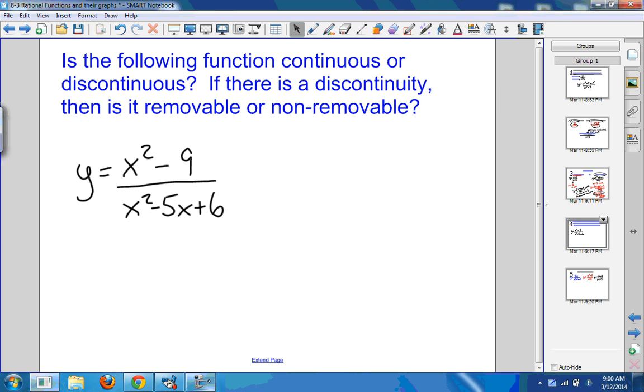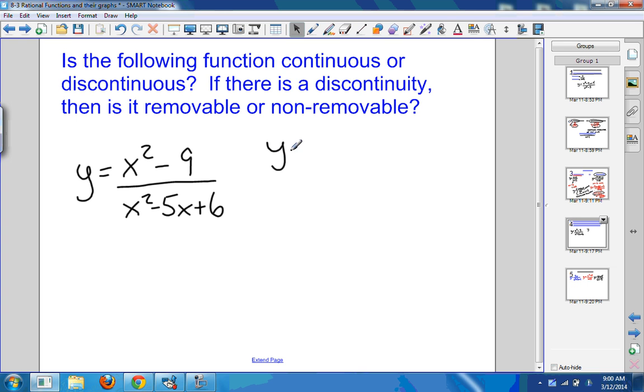All right, so is the following function continuous or discontinuous? If there is a discontinuity, then is it removable or non-removable? So looking at this, we can graph it maybe and see some things. But I have a couple binomials here, so I think I can factor them. Let's do that.